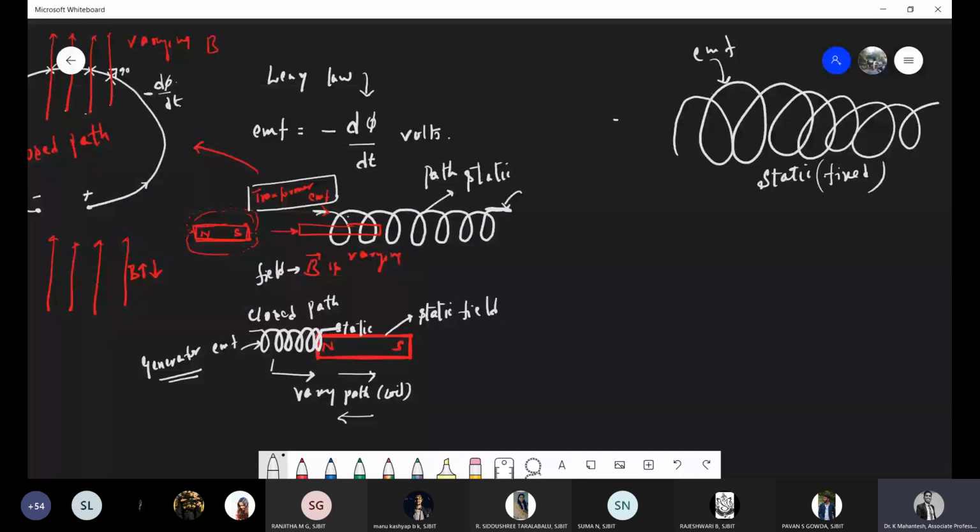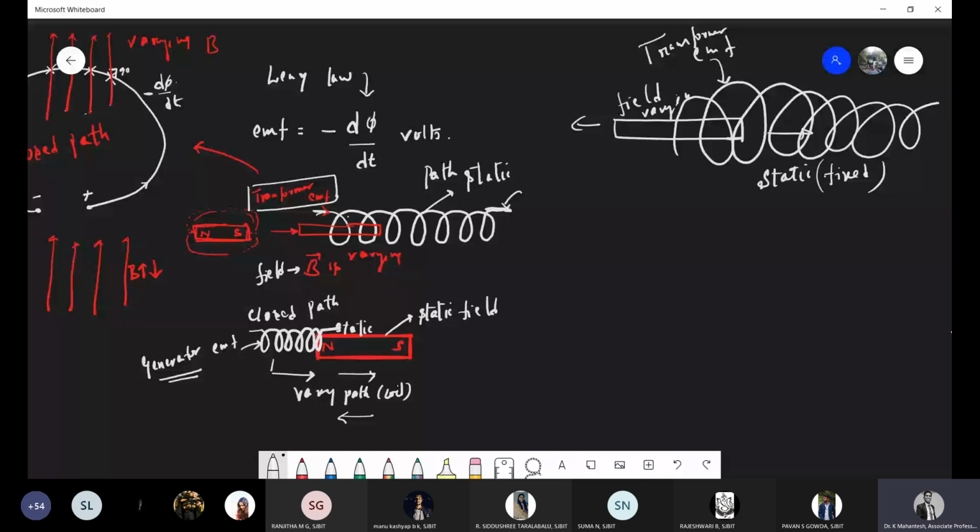And when magnetic field is varying, see here, field is varying. What is the induced EMF now? It is transformer EMF. The EMF induced on the coil is transformer EMF.